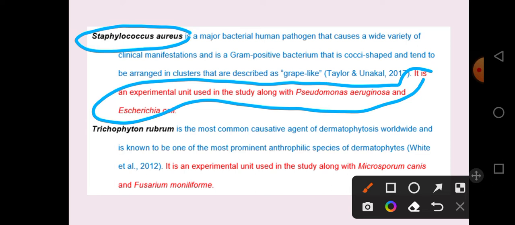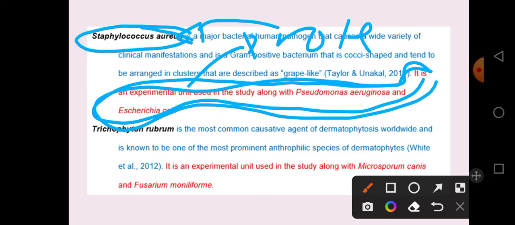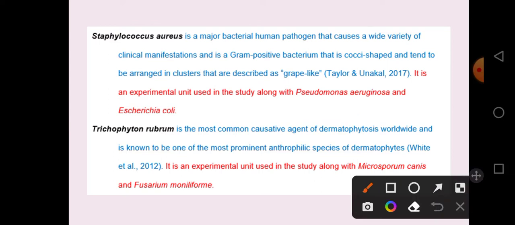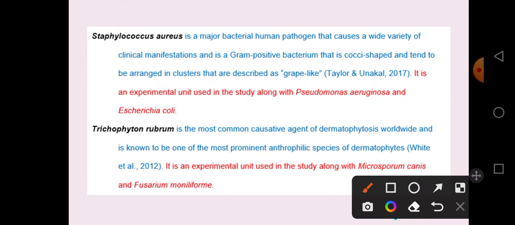In other words, class, this definition of the genus highlighted in red shows the role of the genus in your study. What is the role or the purpose of the genus being described? And this definition that does not need RRLs and describes how the genus was used in the study is known as operational definition.